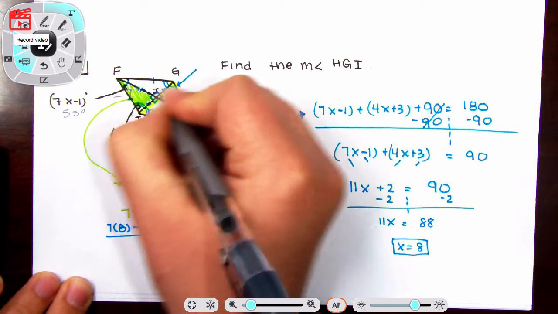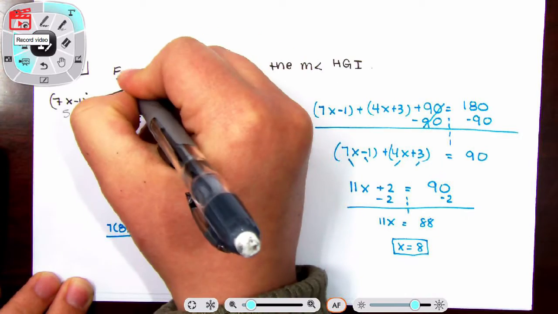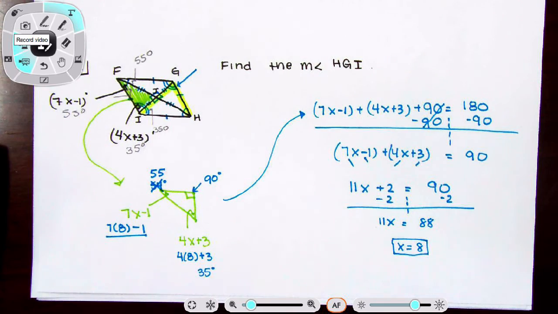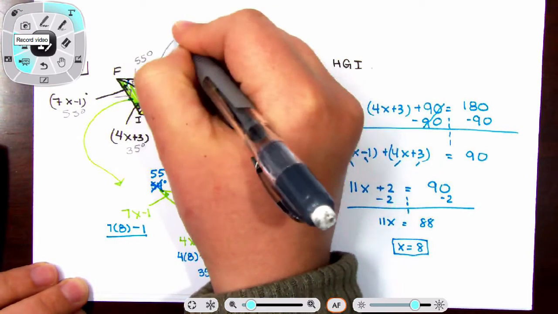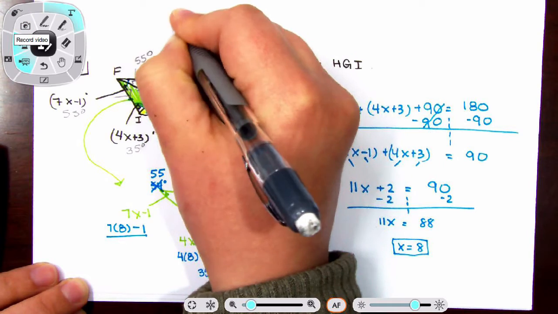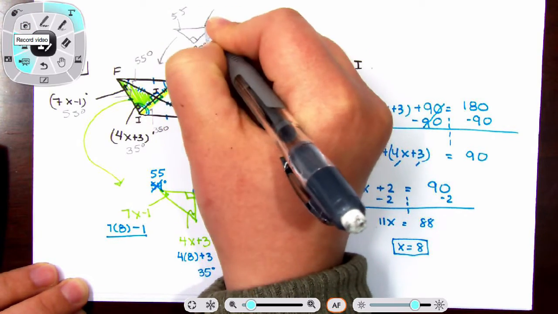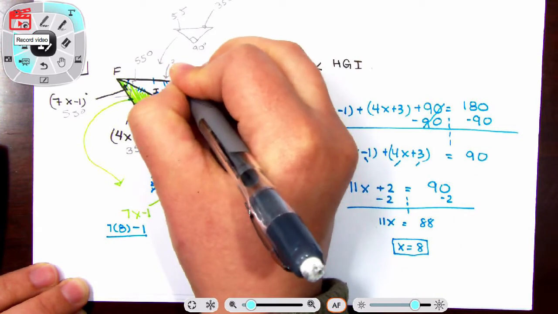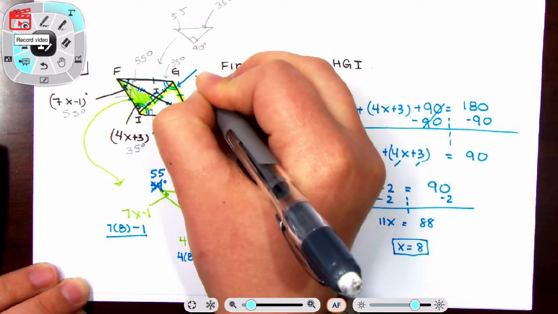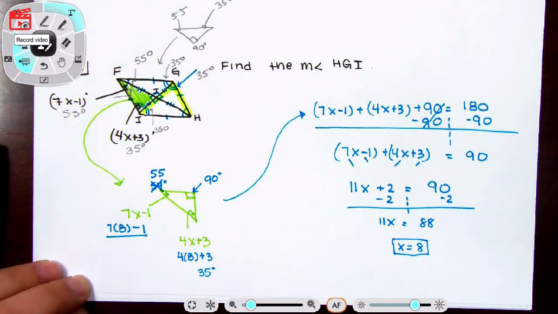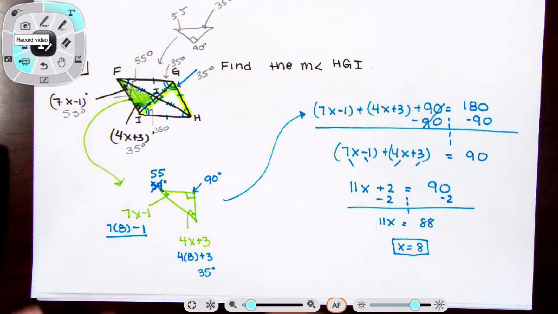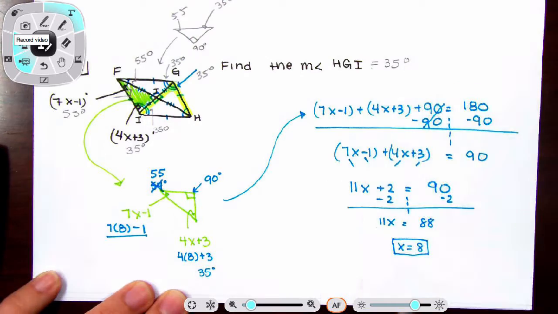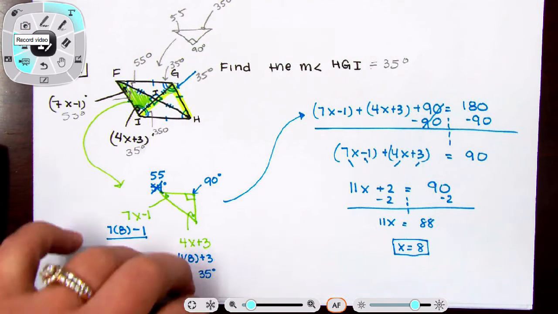And if this side right here was 55, this side right here is 55. And then it looks like we have another right triangle here with 55 degrees, 90 degrees, and this one has to end up being 35 degrees because we need 180 degrees. Then this side also has to be 35 degrees because it was bisected, cut in half. So because this one is 35 degrees, that is our answer for the measure of angle HGI.